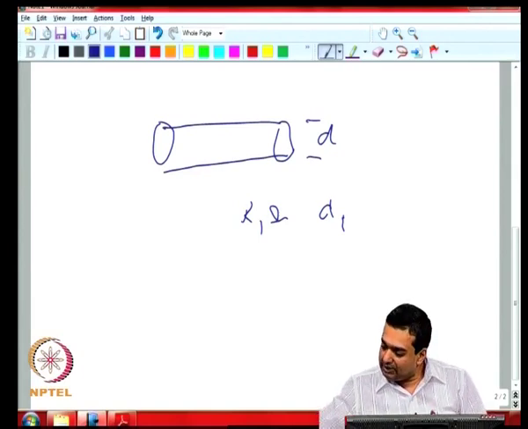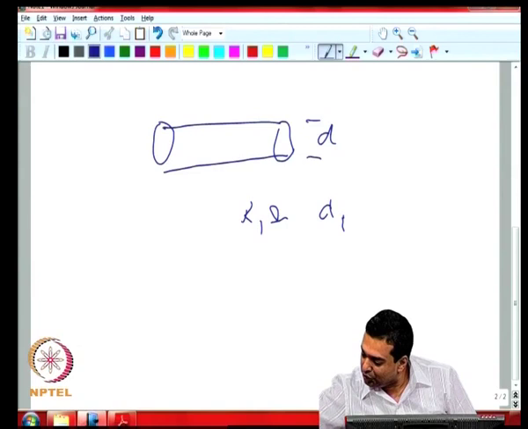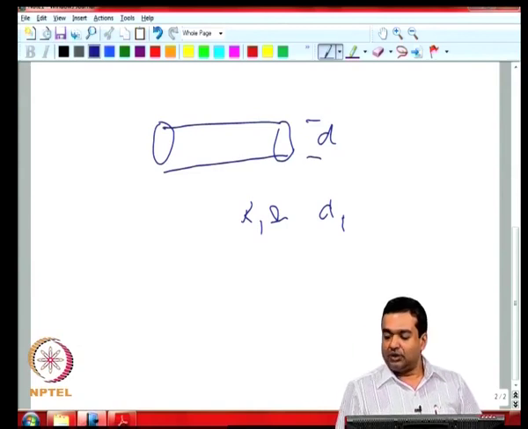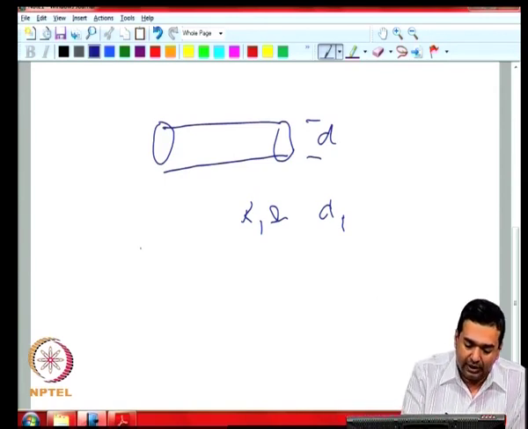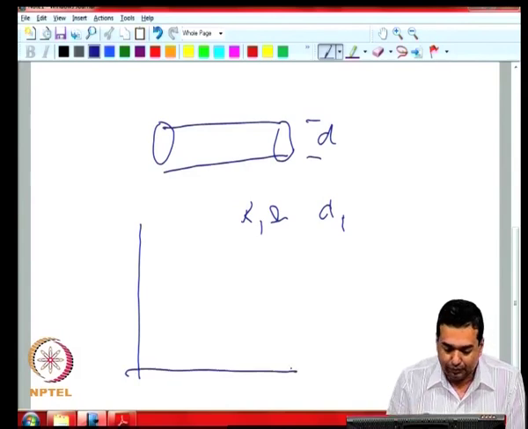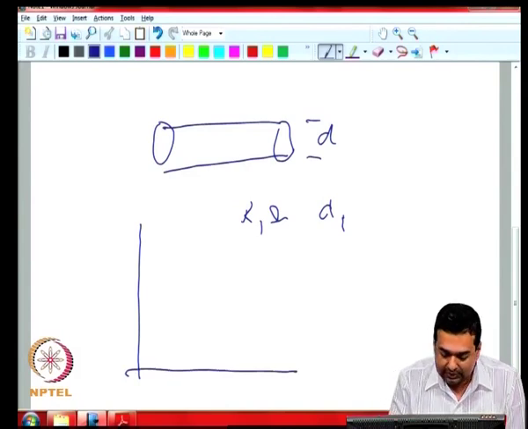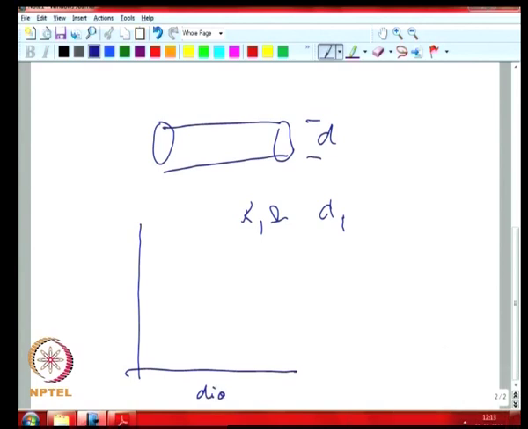So, if you look at the issue of cost versus losses, you have a situation where if you look at some parameter, maybe the diameter, if you are willing to pay a higher cost, then your losses can come down.